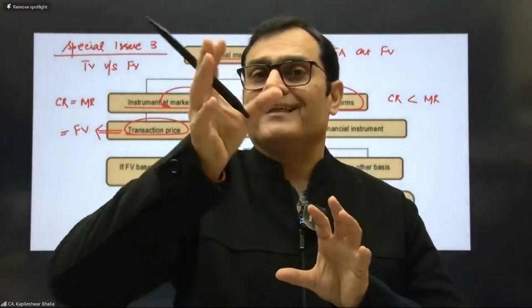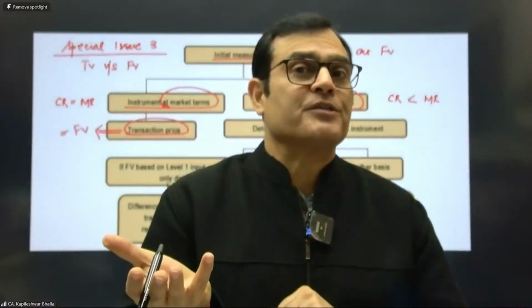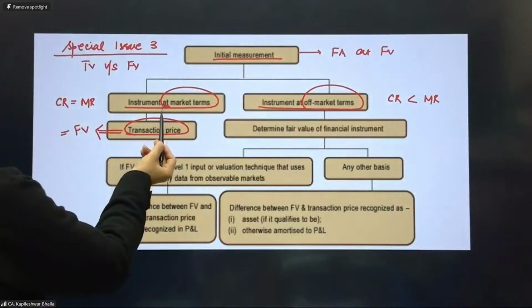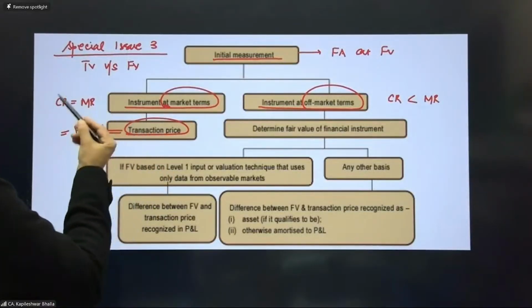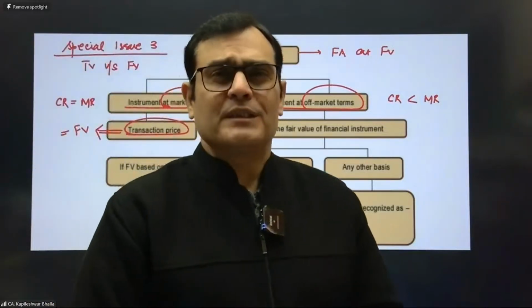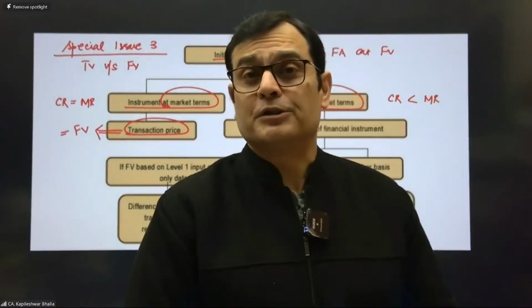So if the compounding is at 10 and the discounting is at 10, there cannot be a difference. The moment you see that a transaction is at market terms, the transaction value and the fair value are the same. We're done.